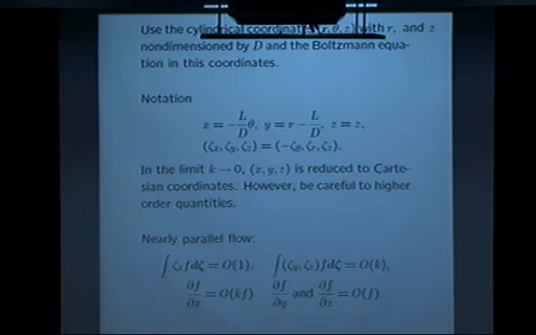Nearly parallel flow means that the flow in this direction is order 1, and the flow in this direction is order k. From mass conservation, the derivatives along the flow should be small, and in this direction it is order of k.